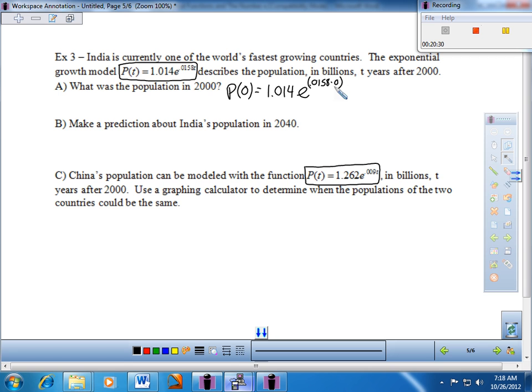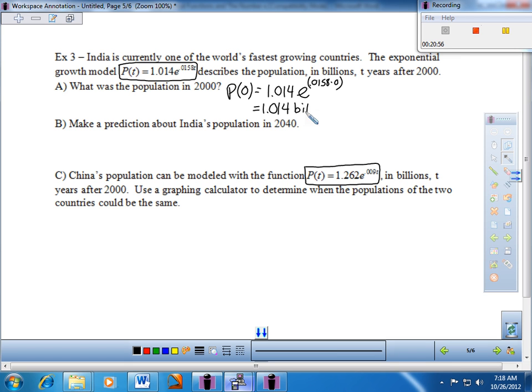And just like any other power, that exponent would be 0. So this times 0 is 0. e to the 0, everybody, of course, is 1. So this whole power would be 1, and 1 times this is just this right here. Now again, if I went a little too fast for you in that regard, do it on the calculator, and you would see that that would be the case. So this would be in billions, so just over 1 billion people in the year 2000.